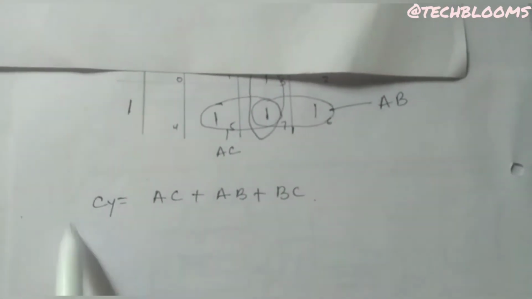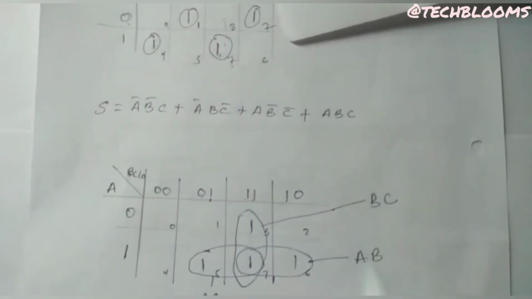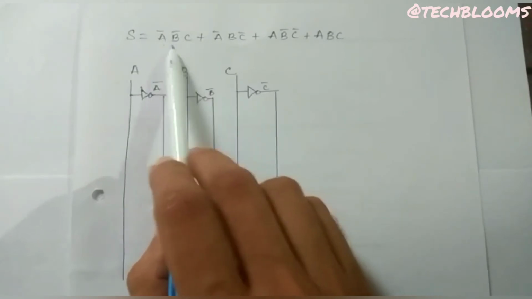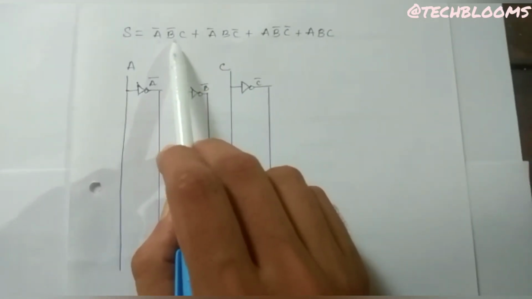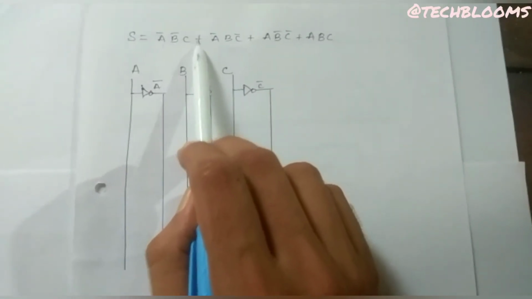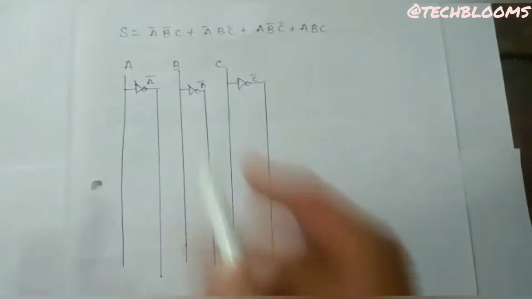Now from this expression and from this expression I will show you how to draw the logic circuit. Since this is multiplication, we will use AND gates, and in the end we will add all these using an OR gate.